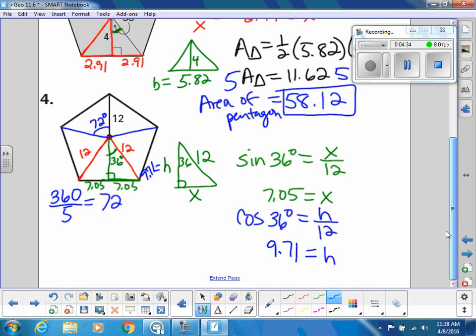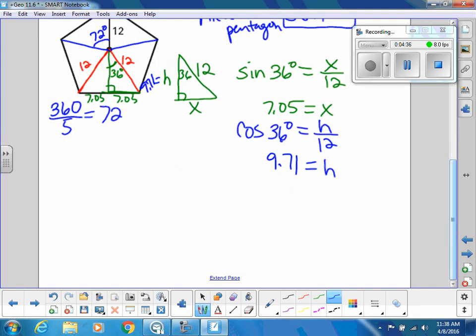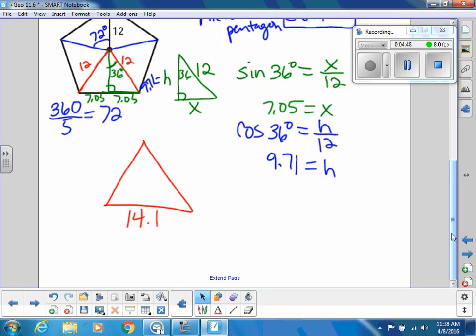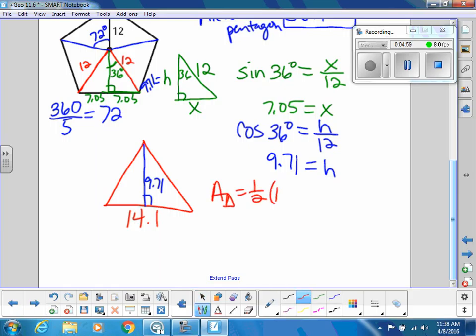All right, all that's looking good so far. So for my big triangle, my red one, that whole base at the bottom is 7.05 times 2, which is 14.1. And we said our height was 9.71. So the area of a single triangle is 1/2 times 14.1 times 9.71. So that's 7.05 times 9.71.